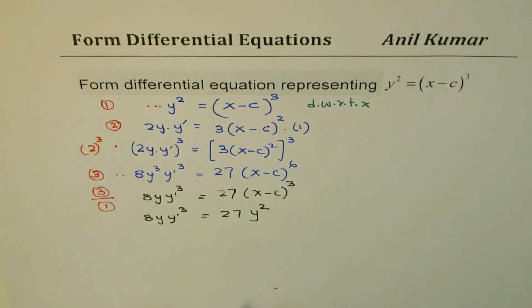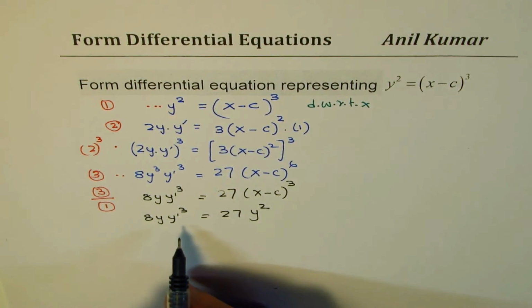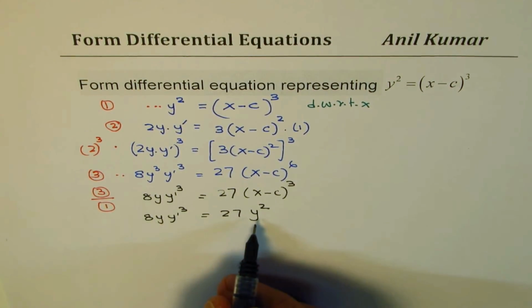Whole cube, right? So that was y squared. So we substitute that. Now we have an equation in which we really do not have any arbitrary constant. Correct? And we can now write our final answer as 8 times y and y can cancel.